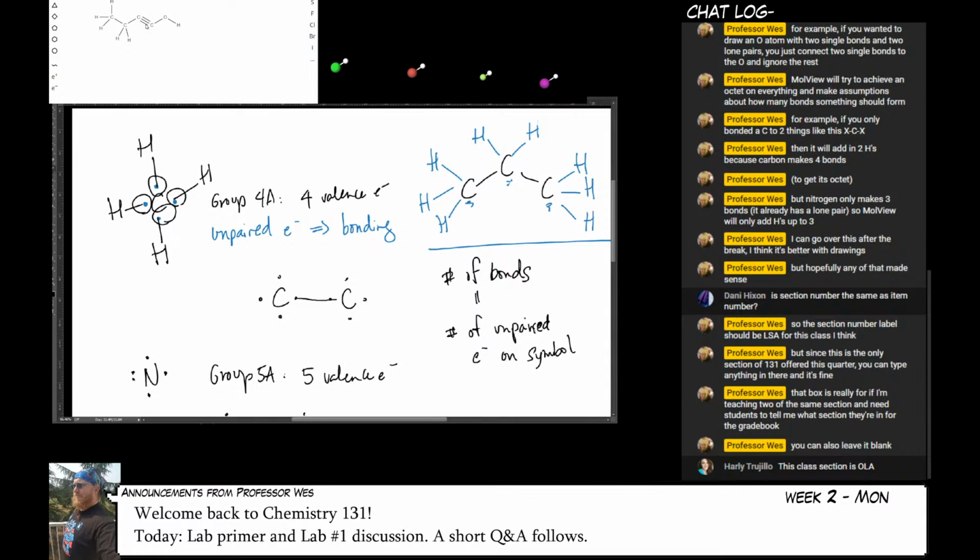Maybe I don't want a triple bond. Maybe I want a double bond and another double bond. So I could do this instead. Oops, that's not what I want. A lot of this is just going to be you testing out things.